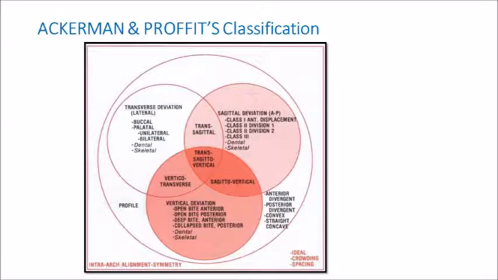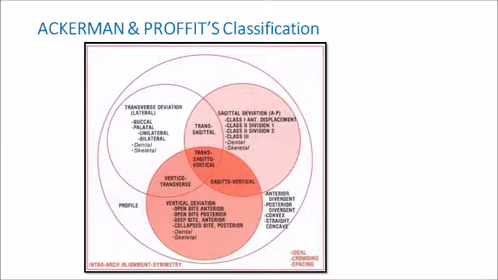They are considering the possibilities of deviations occurring in two planes, and in addition to that, deviations in three planes can also happen. So they are combining these three together, and in the union of all three deviations, there can be transverse, sagittal and vertical deviations. So this is a symbolic representation of your malocclusions.